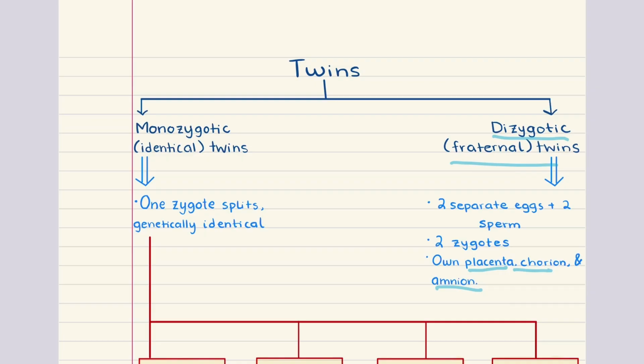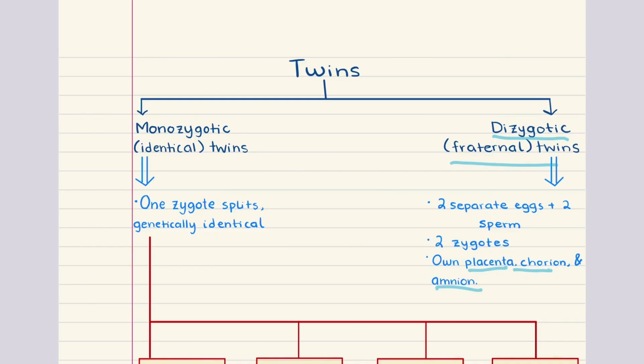The placenta, by the way, is the organ that facilitates nutrient, gas, and waste exchange between the mother and the fetus. The chorion is the outermost fetal membrane that contributes to forming the placenta, and the amnion is the thin membrane that surrounds the embryo, and it fills with fluid to help cushion and protect it during development.